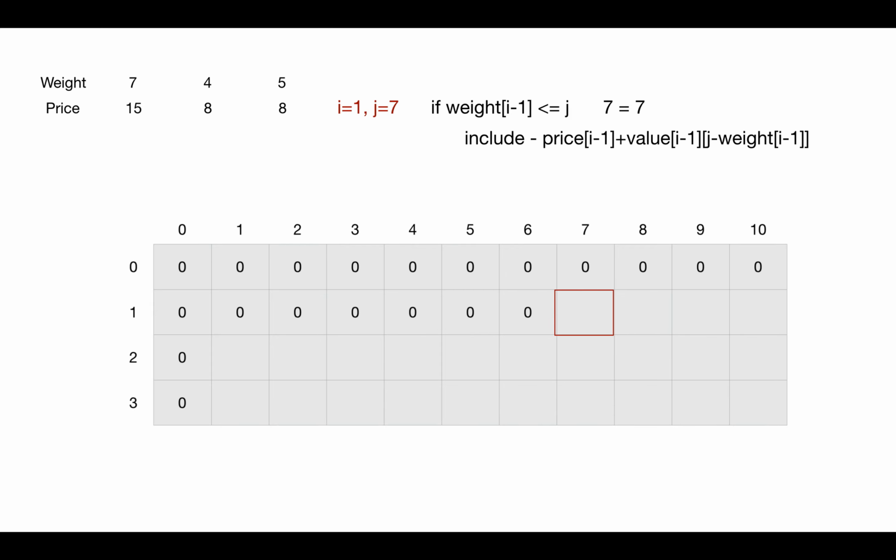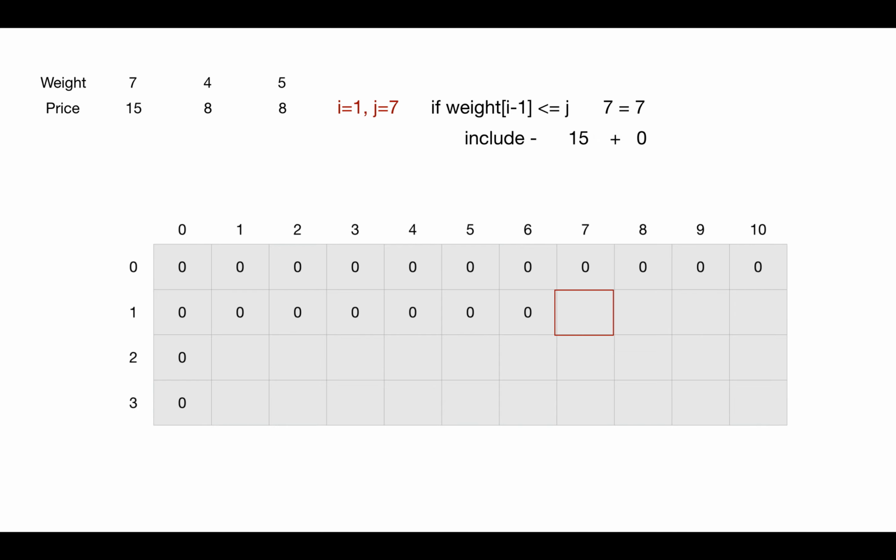To do that, we add the price of this i minus 1th item to the profit of the remaining items with the remaining capacity. That is, for i minus 1 items with capacity equal to current capacity minus weight of the chosen item. So we take the value for 0, 0, that we have already calculated, which is 0.